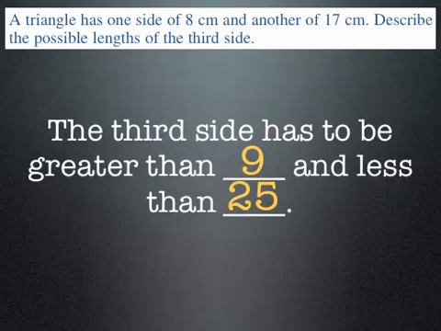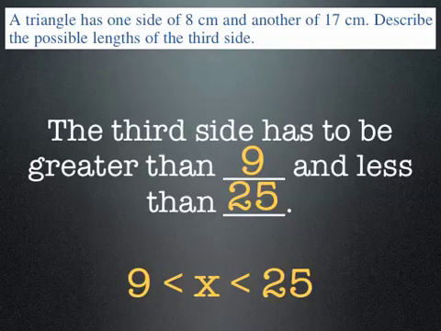So the possible lengths of the third side would be any number between 9 and 25. If you chose 10, all 3 of the statements would be true. 10 plus 8 is 18, which is greater than 17. Then you could do it 2 more times with the different combinations. So any side length between 9 and 25 could make a triangle with the 2 sides 8 and 17 centimeters.